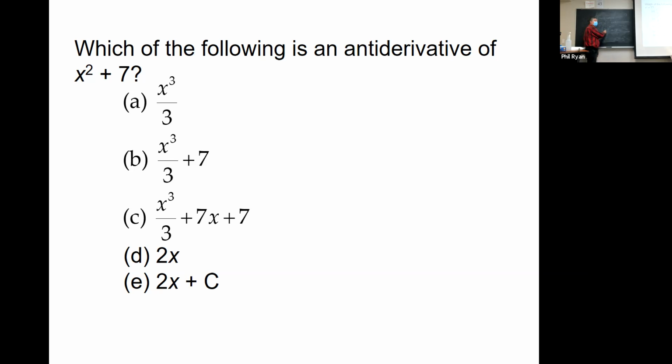The 7x, the derivative of 7x is 7, because 7x has a slope of 7 everywhere. So this is saying what has a slope of 7 everywhere? It's 7x. And remember, I'm asking for an antiderivative. I'm not asking for the antiderivative. So it doesn't have to be plus c. It can be plus 7, for instance.